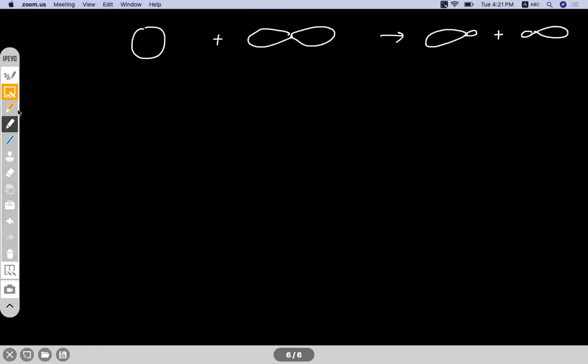Pentagonal bipyramidal, if you ask me, it is sp3d3. The geometry is pentagonal bipyramidal. Not very important, but you'll rarely get this sp3d3.